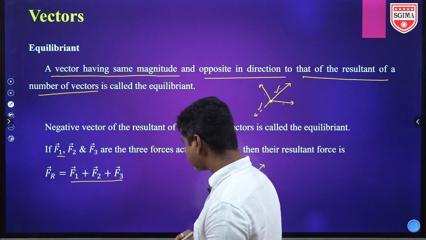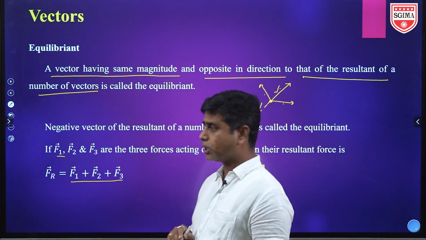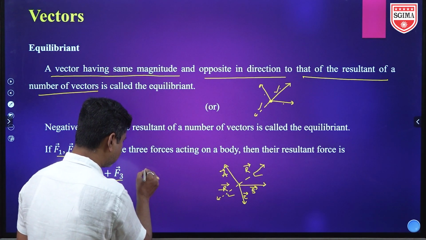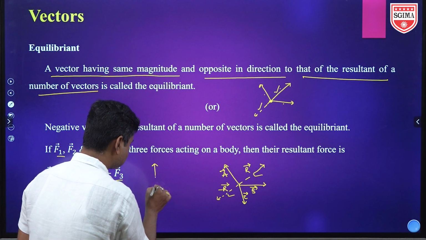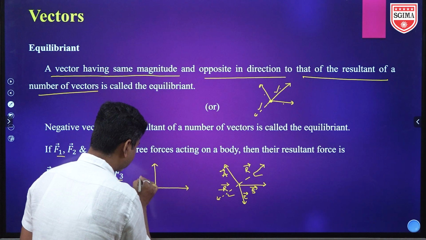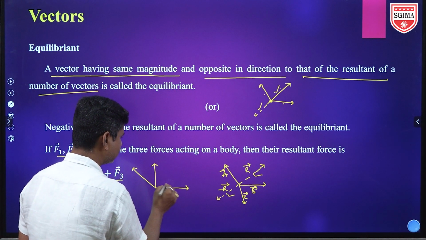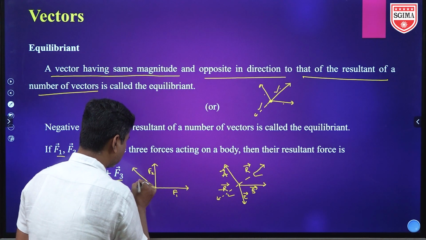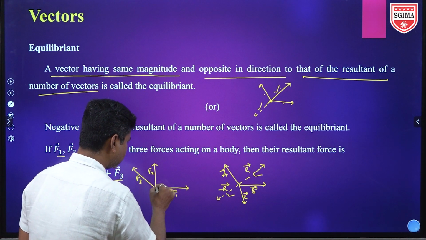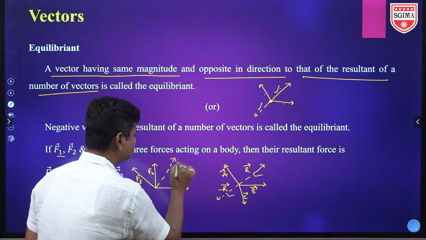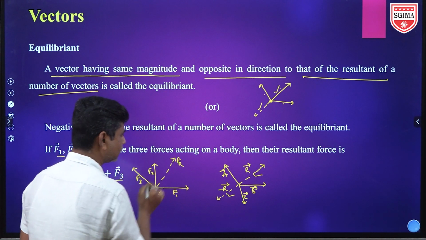Now if this particle is at equilibrium, we can take these 3 forces in one simple diagram. It is one force, another force, and one more force. These forces are named F1, F2 and F3. Their resultant acts in this direction; for example, I considered it as Fr.